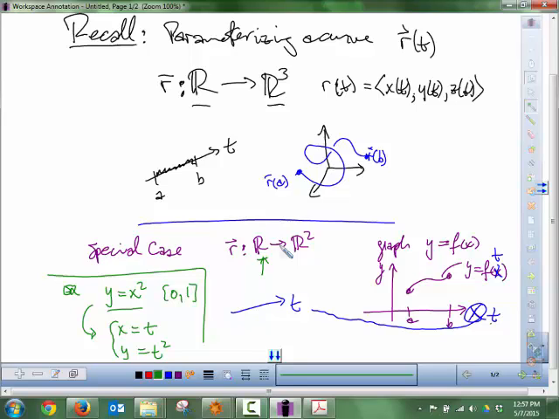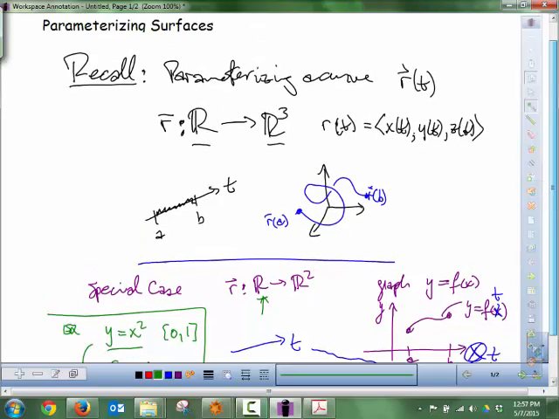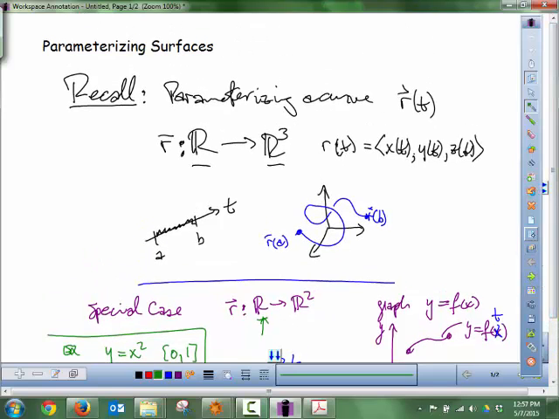Okay? In fact, we'll see that a great deal when we start taking a look at surfaces. So, parameterizing surfaces. Well, I guess we could just jump into it.